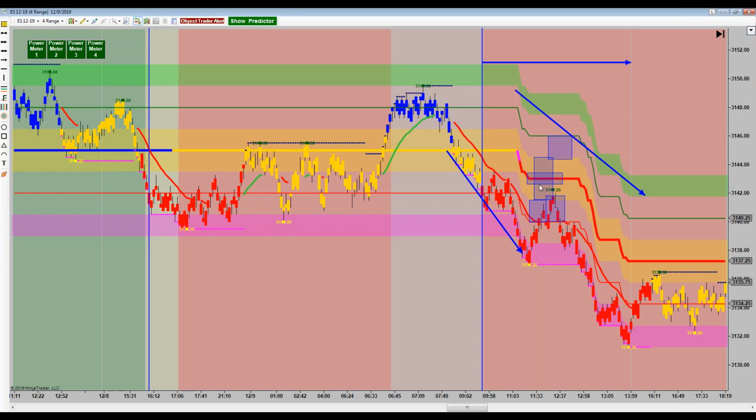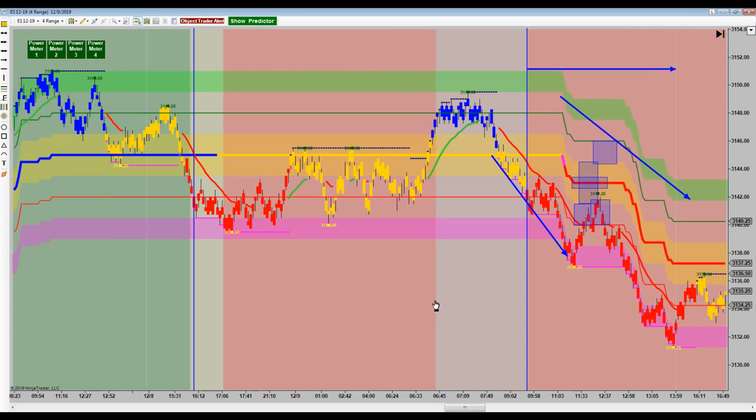Let's reconstruct. This is the morning of the 8th, so it's a couple days ago, in the overnight session, going into the Asian session. I'm going to advance the chart. We're only looking for mid-band shorts, and when you think you see one, you type in the letter S. Now that we're all experts, right?